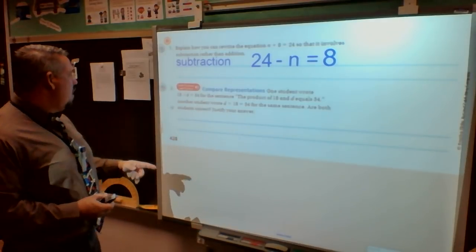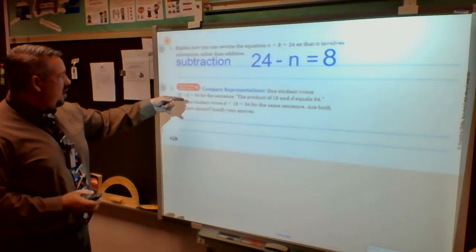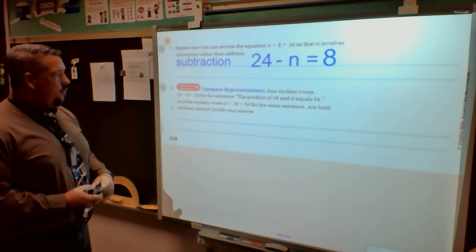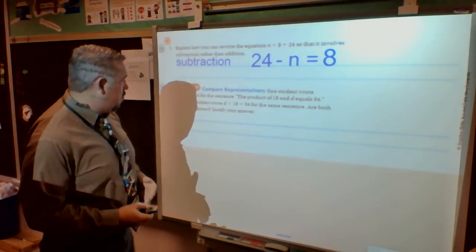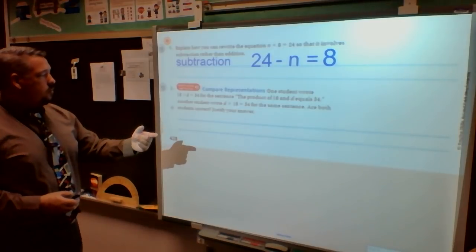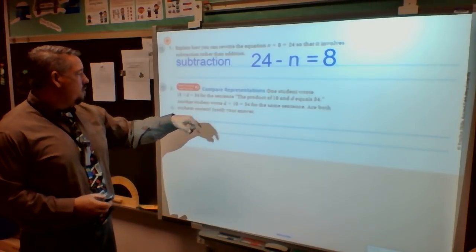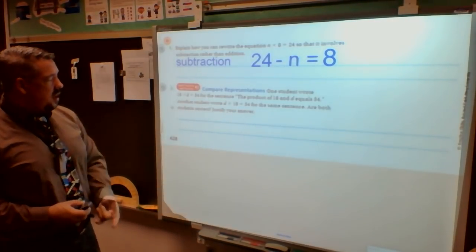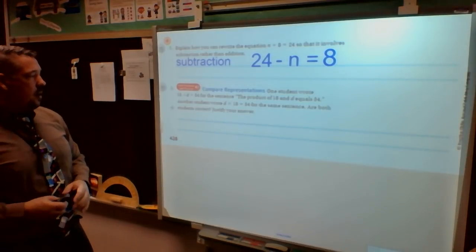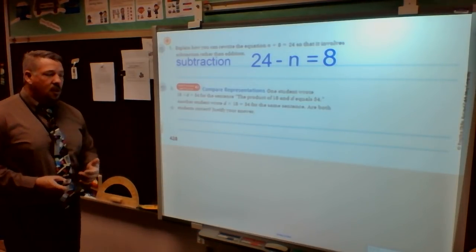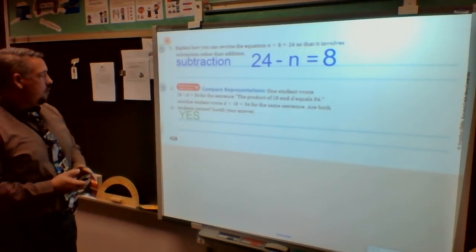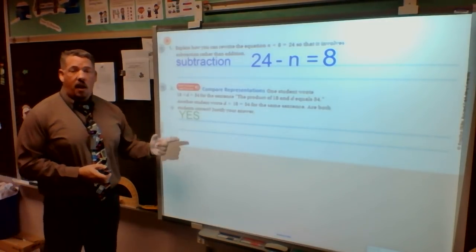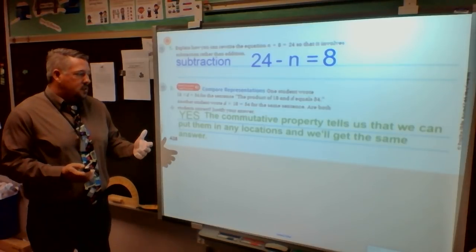One student wrote that 18 times d is equal to 54 for the sentence, the product of 18 and d equals 54. Another student wrote d times 18, different order, is equal to 54 for the same sentence. Are both students correct? Justify your answer. So as you saw, before I went a little bit too quick, it is indeed yes, they are the same. Well, why are they the same?